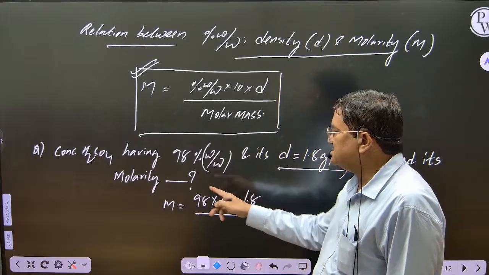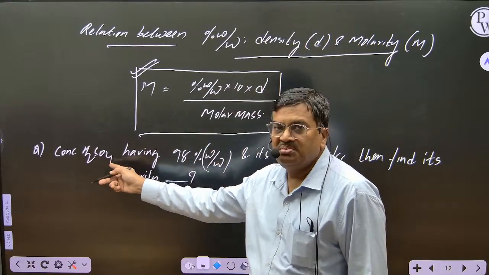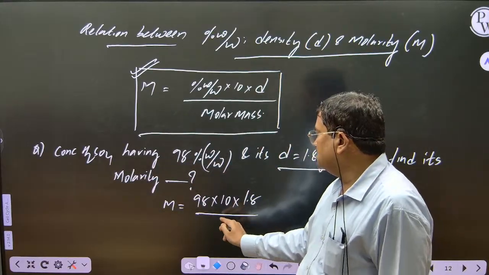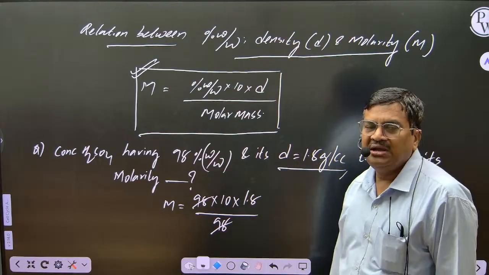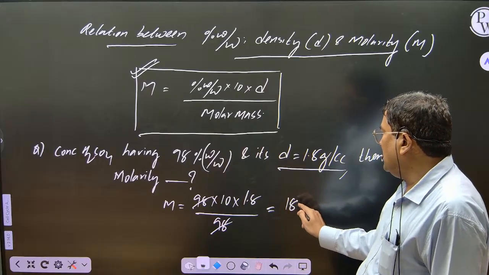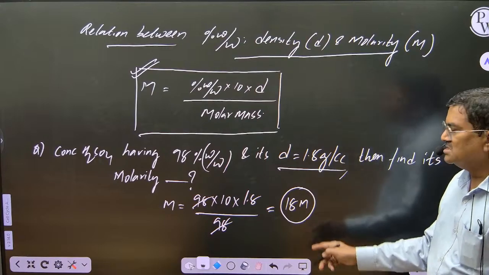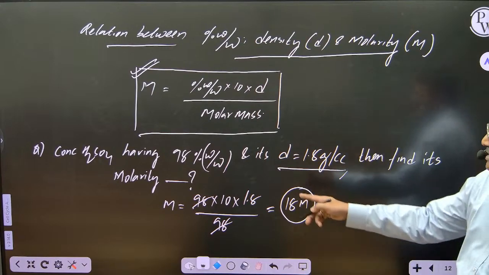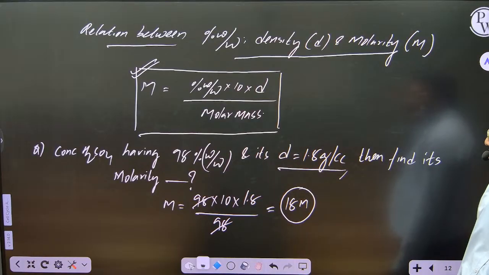What is the molar mass of sulfuric acid? Just now we did 2 plus 32 plus 64, 98. So 98, 98 get cancelled. Then 10 into 1.8 comes how much, student? 18. So the answer will be 18 molar. This is the concentration having density of 1.8 and mass percentage of 98.